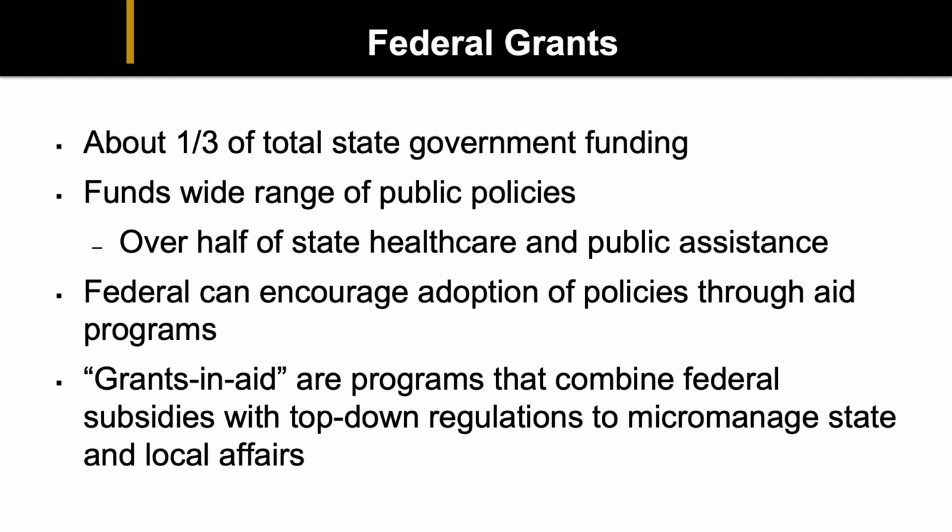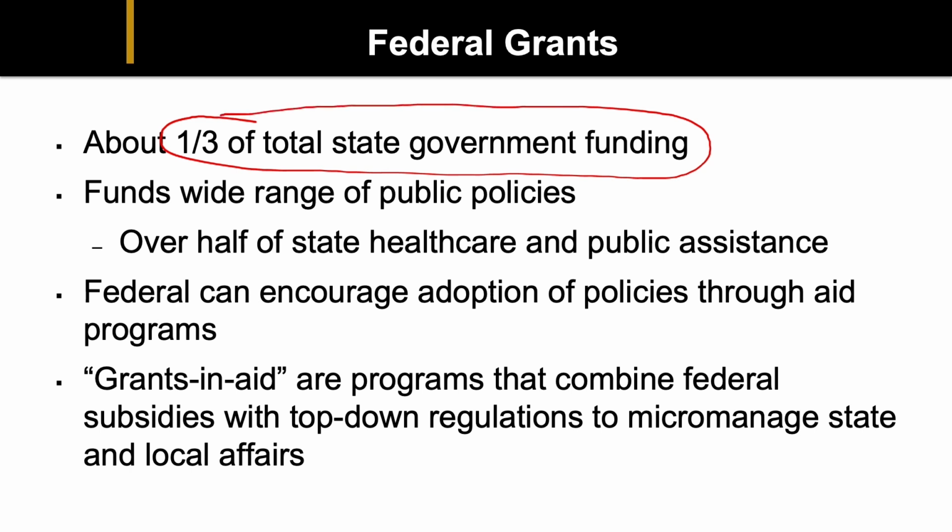And federal grants, as it turns out, are a very important part of state government funding. About 1/3 of state funding, state money, comes from the federal government. The federal government is paying states to conduct a wide range of public policies.